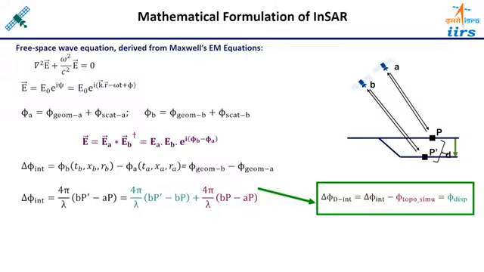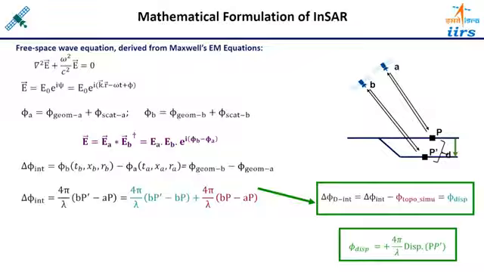That's why this difference is denoted by another term delta phi dint. So delta phi is the phase difference because of the difference of these two terms. D stands for differential, int stands for the interferometric. So you can say differential interferometric phase equal to interferometric phase minus topographic phase, which is almost equal to the displacement phase, or you can say deformation phase.